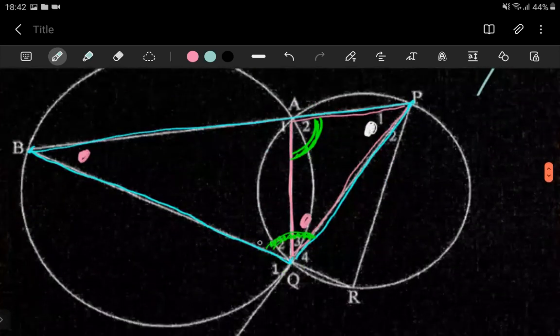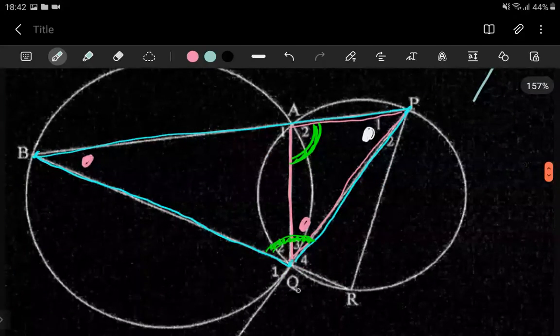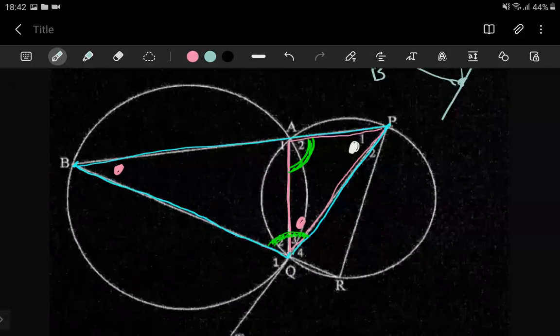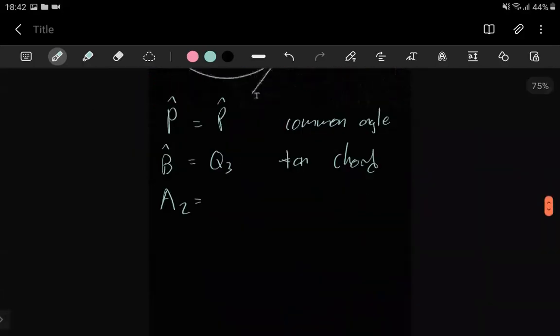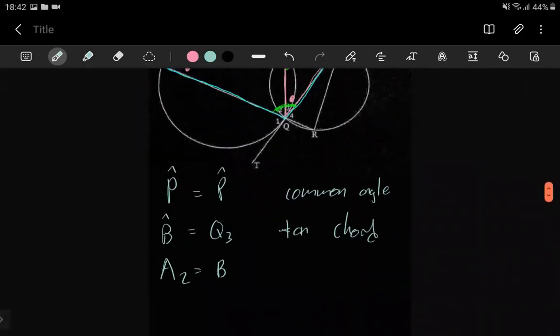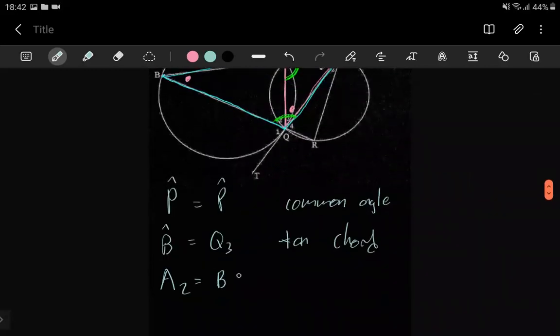But then this big part here, we can only label it BQP. So these two are equal to BQP. The reason will just be interior angles of a triangle.